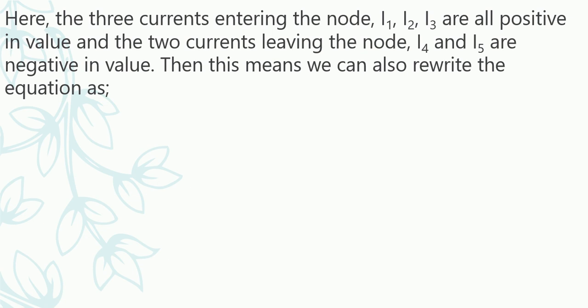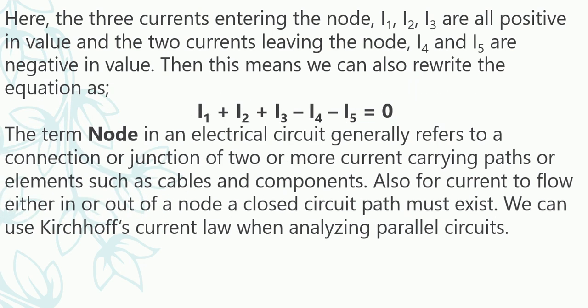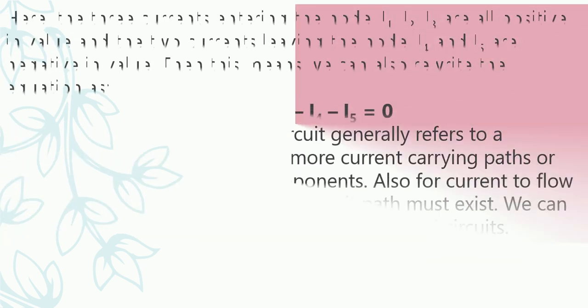Like that way, for simplicity of calculation, here you will take I1, I2, I3 as positive as they are entering into the junction. And the two currents I4 and I5 are taken as negative because they are leaving the junction. Look at the equation: I1 plus I2 plus I3 minus I4 minus I5 equals 0.